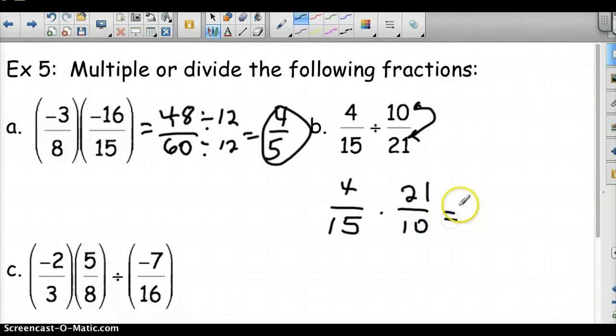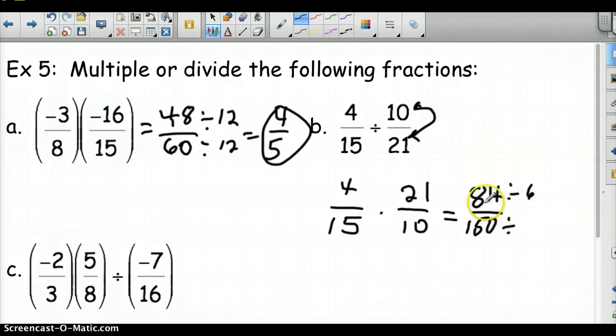Once again, cross cancellation can happen. I won't feature it here though. 4 times 21 is 84. 15 times 10 is 150. And now I need to break this down. In breaking this down, I am going to divide by 6 in top and bottom. I don't know if that's as small as it goes, but that's where I'm going to start.